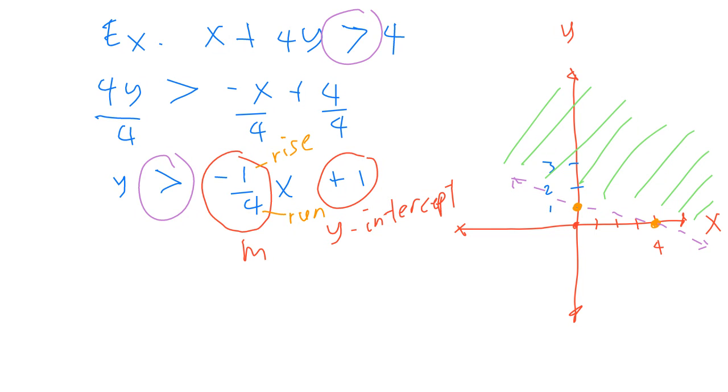But here, what we're using is isolating our y. If you isolate your y, you will know exactly where the location of your solution is, because it says greater than, so that should be all the values of y greater than. So we shaded the upper part, and this part here is our solution. Same with the first example, and that's linear inequalities.